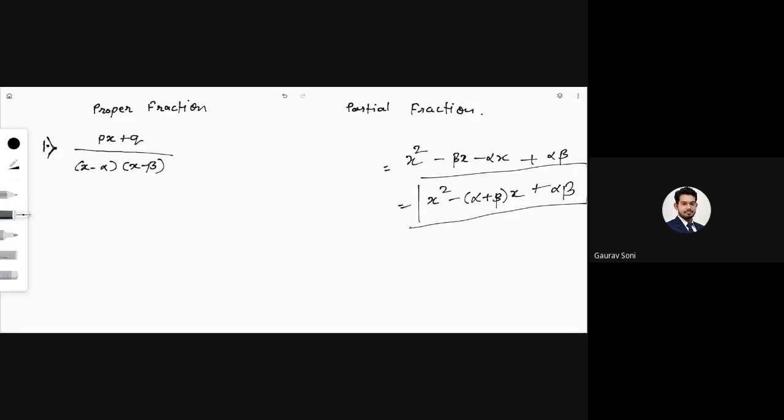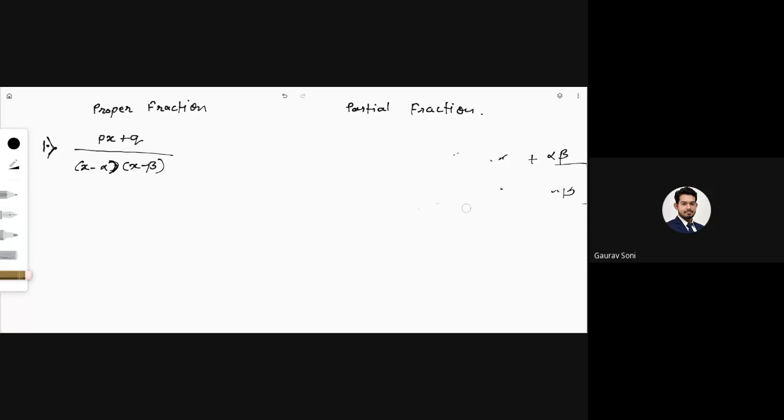What's the degree of denominator now? 2. Even if those are factors of degree 1, when I'm calculating the degree of this polynomial, I should multiply and later decide the power of the variable after multiplying. After multiplying, the power will be 2. So the degree of denominator is 2 and the degree of numerator is 1. So it is a proper fraction, right?